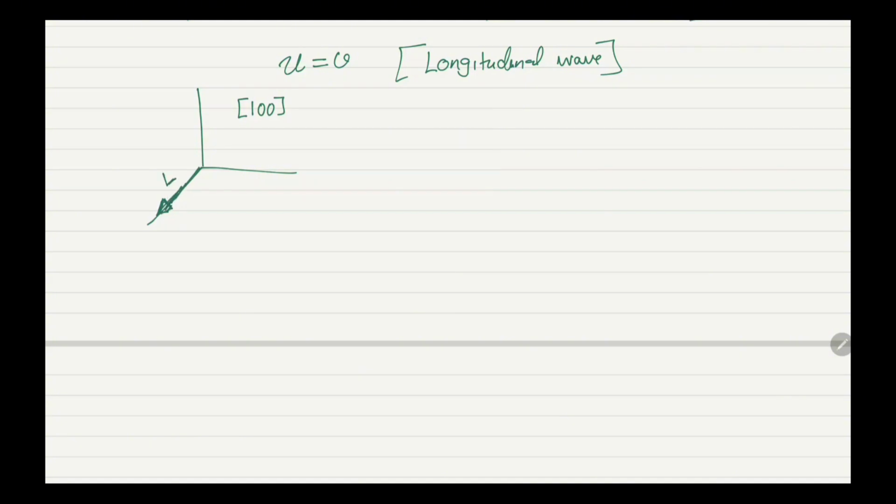Longitudinal, if it propagates in the x direction and the displacement is in x, and two transverse. The longitudinal solution is related with C11, but the transverse solution is related with C44.